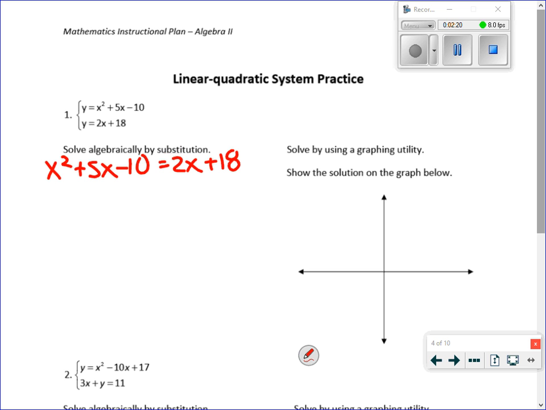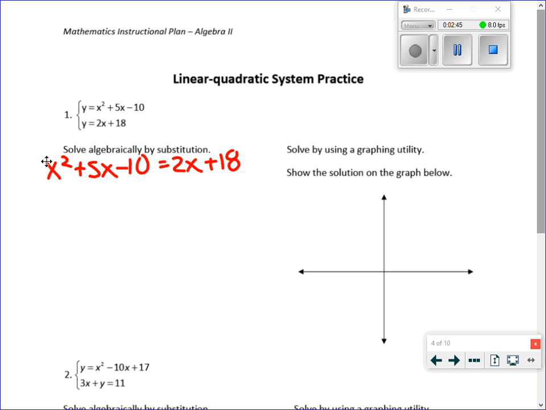And when your quadratic's equal to 0, you could do a couple things to solve, right? What's always your first thought when you're solving? Okay, when you are talking about GCF, you're talking about factoring. So you want to think, can you factor? What do you use if you can't factor? Yep, the quadratic formula.